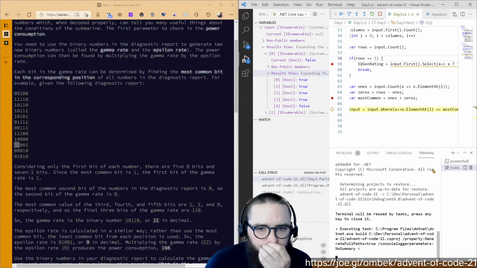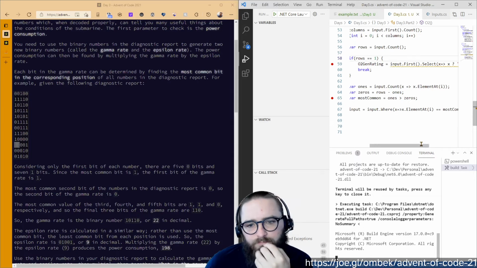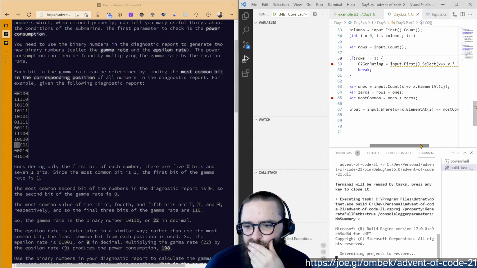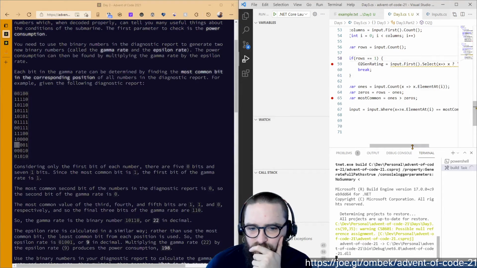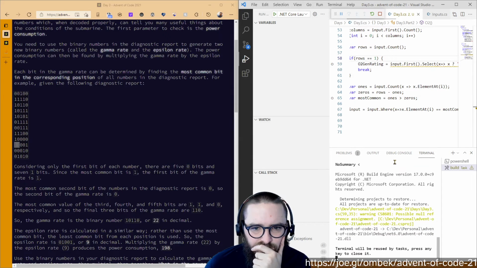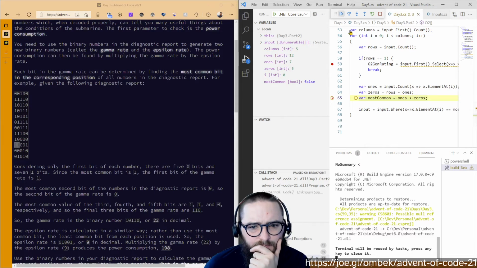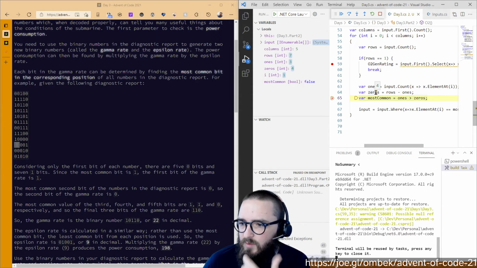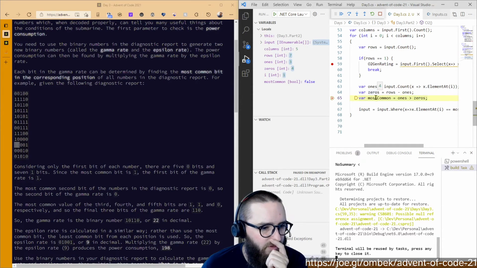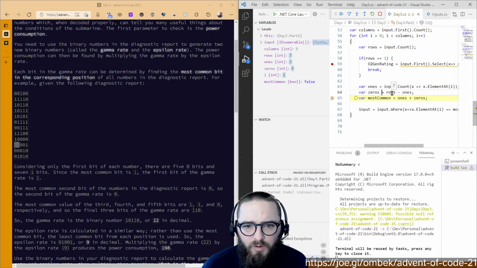Let's try that again. Seven, 5, 3, 4. Okay, so it is something funky happening with the IEnumerable. Wait, where's the 4 come from? Number of rows shouldn't be 7.